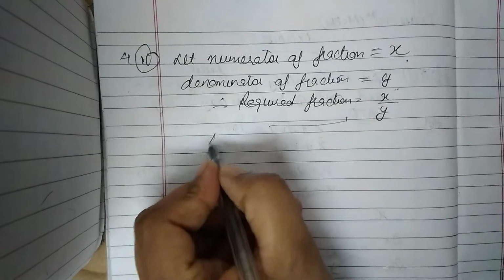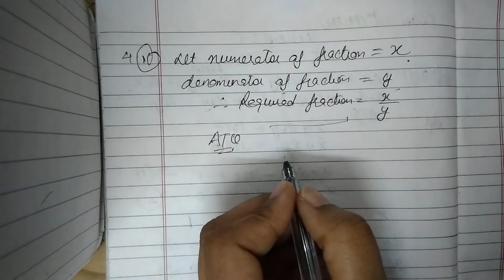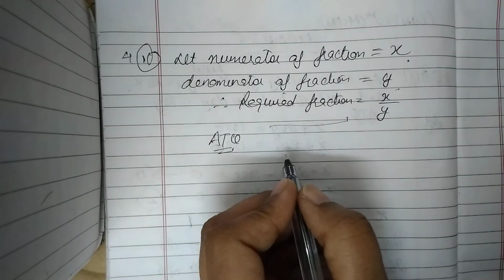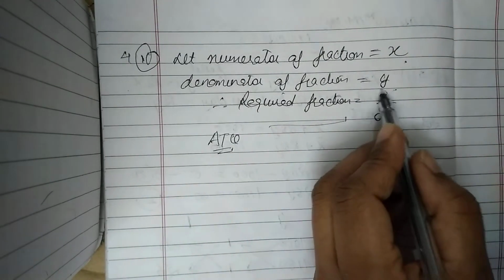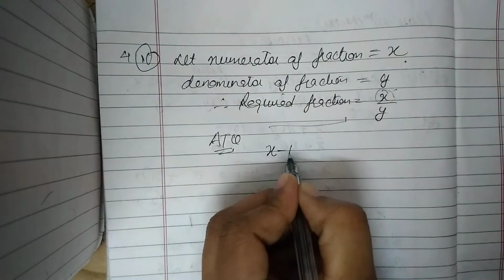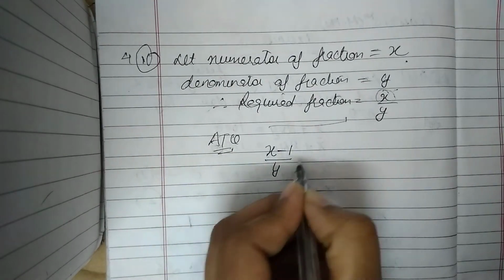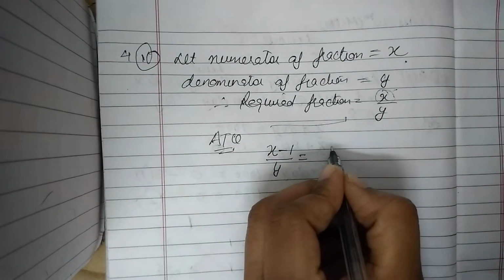Now according to the first condition, we are given that if 1 is subtracted from the numerator, here the numerator is x, so 1 is subtracted from the numerator and it becomes x minus 1 upon y, then the fraction reduces to 1 by 3.